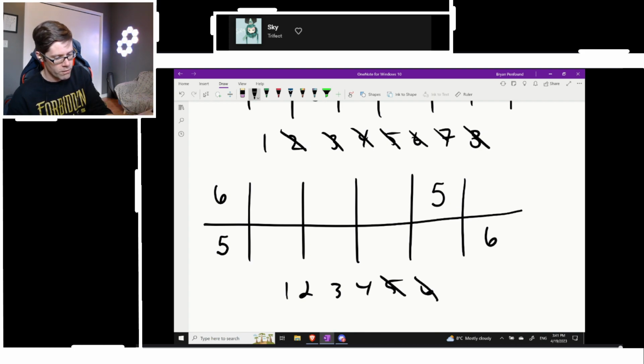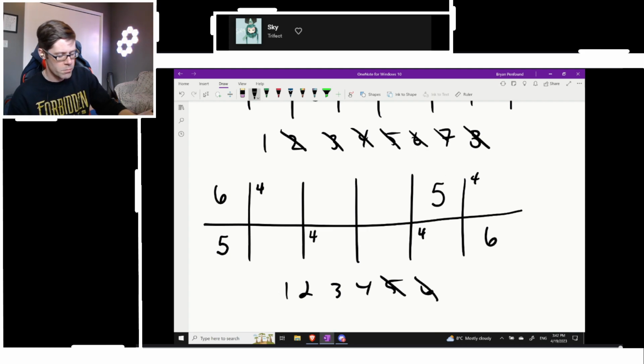So where could we put 4? We could put 4 here. 1, 2, 3, and then that makes 4 go here. So that's one possibility. I feel like I'm going to play Sudoku or something. The other possibility, if I put 4 here, we could go 1, 2, 3. We could have a 4 here as well. If the 4 starts up here, we can go 1, 2, 3, 4.